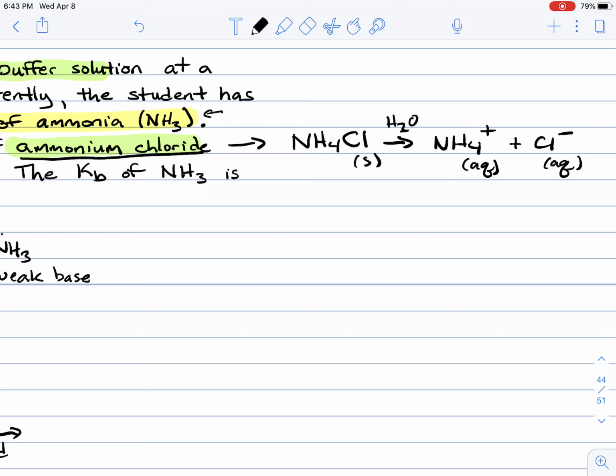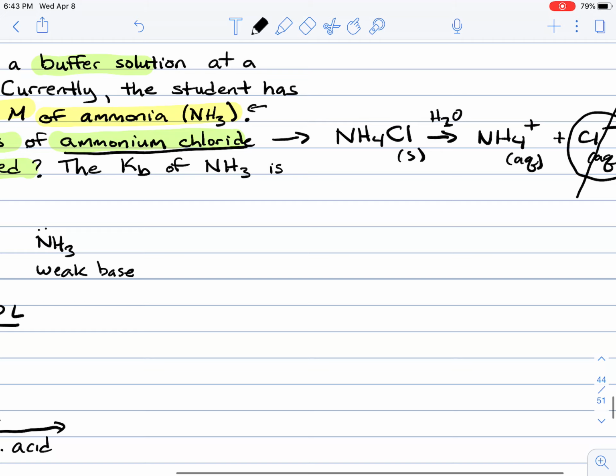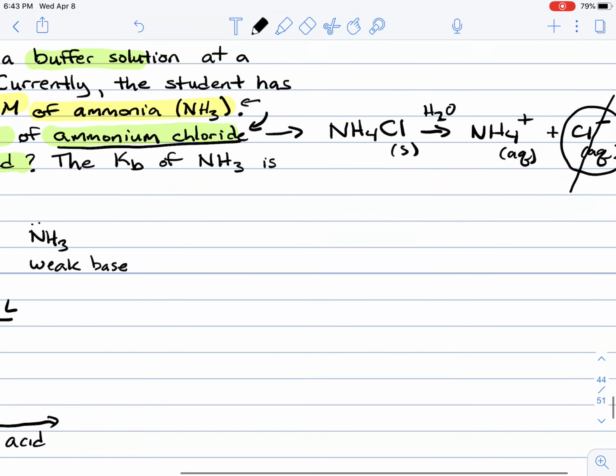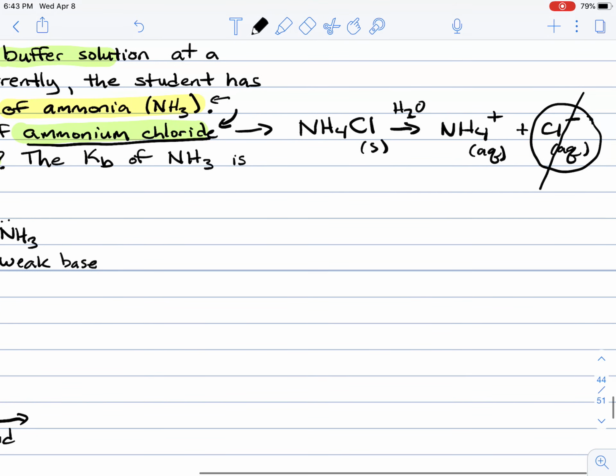Based on previous lecture videos, we know that chloride will not affect the pH of the solution because it is simply an anion of a strong acid. So we can ignore chloride from here on out, except we'll revisit it in the last part of this calculation. But in terms of the general concept, we can ignore chloride when it's aqueous in solution.